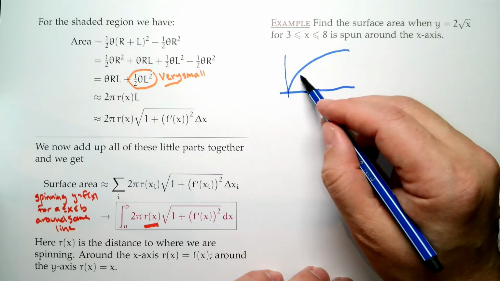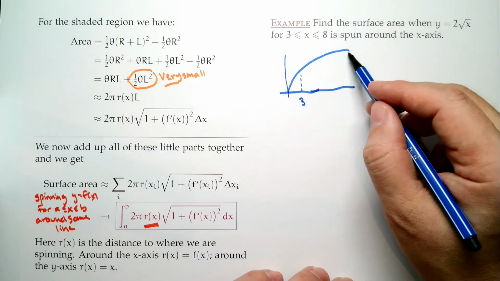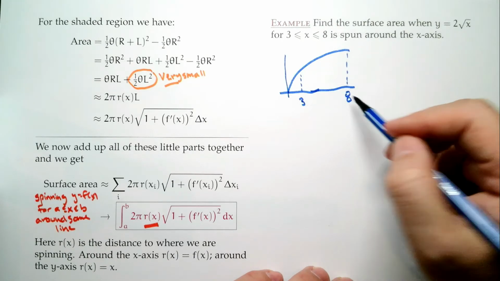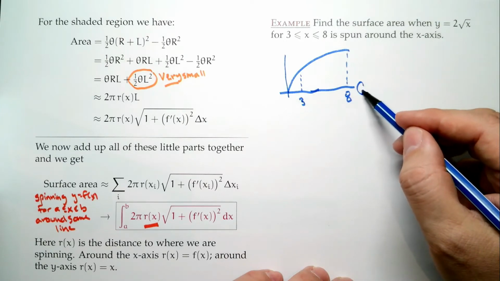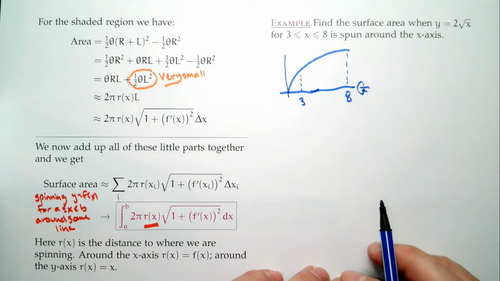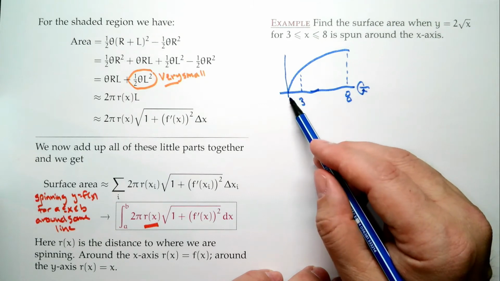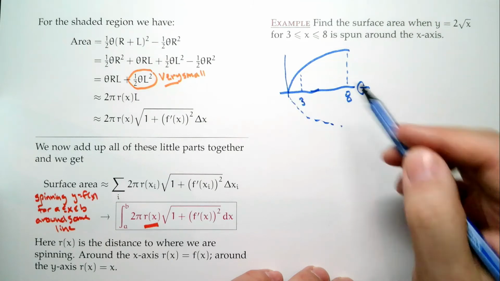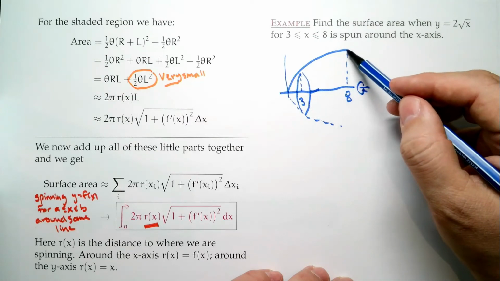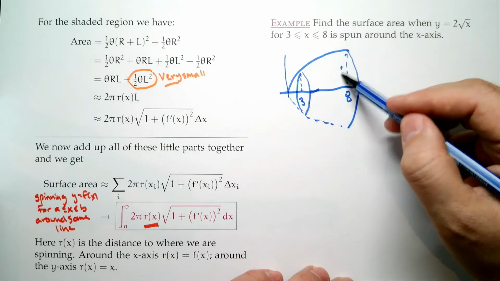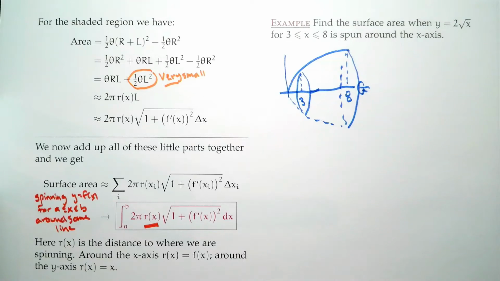We're going from 3 up to 8. We're spinning around the x-axis. So there's our x-axis. So what's going to happen is that we're going to form some sort of interesting shape. Okay, so we're after the surface area of this shape.